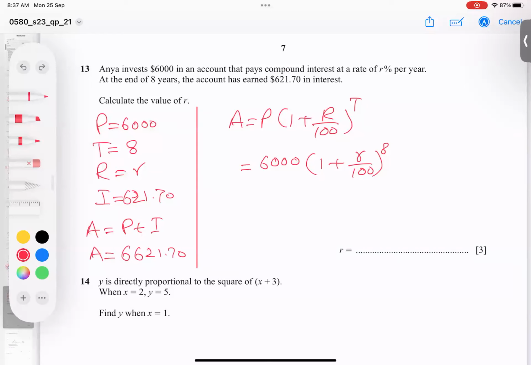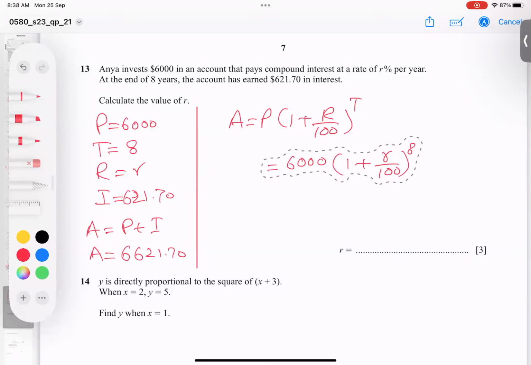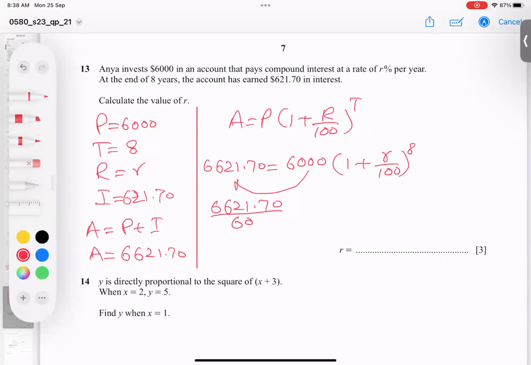No, not at all. So I'm writing 6,621.70, a little smaller because of space. First of all, I divide 6,621.70 by 6,000, and I have 1 plus r over 100 to the power 8.